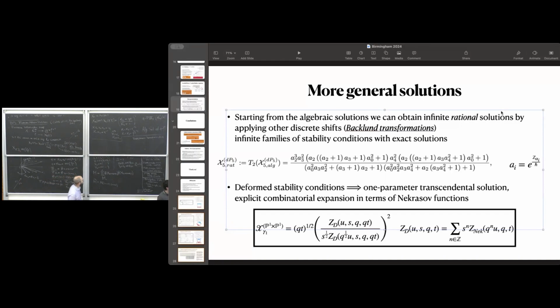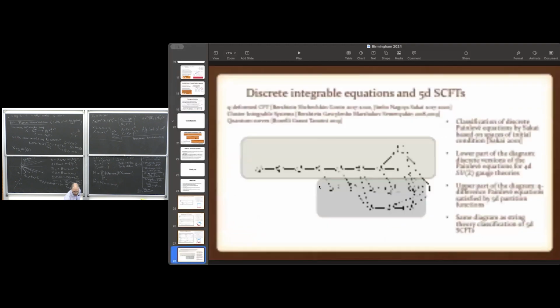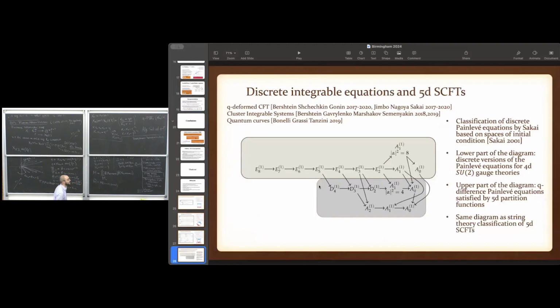Yeah, so good. And the thing is that if you look at the classification of these Q-Painlevé equations, this case that I just described is this A1 affine. These discrete shifts are affine translations on these root lattices, and there's only one translation on A1 affine, but the other cases have more.